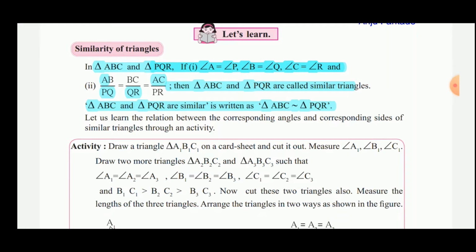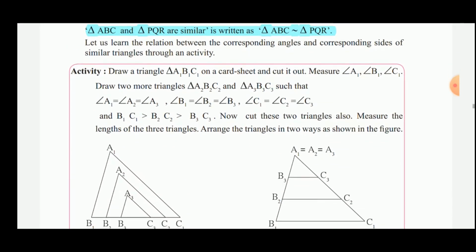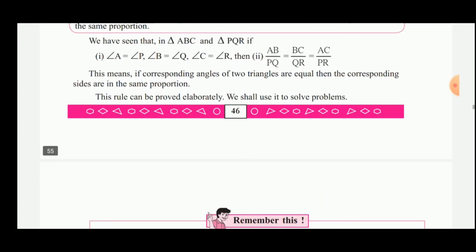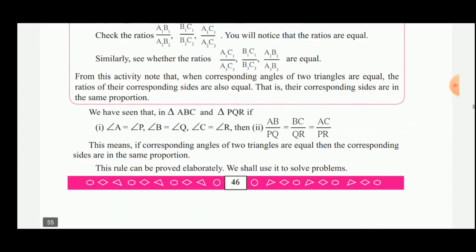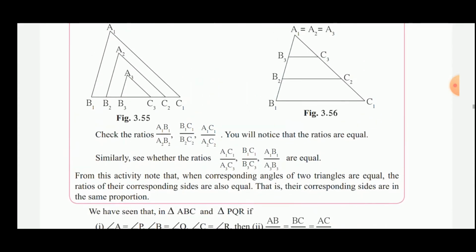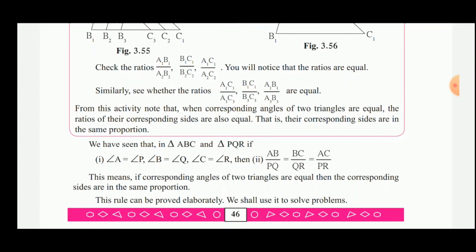Now let us learn about the corresponding angles and the corresponding sides of similar triangles through this figure. In triangle ABC and triangle PQR, if angle A is equal to angle P, angle B is equal to angle Q, and angle C is equal to angle R, then AB upon PQ is equal to BC upon QR is equal to AC upon PR.